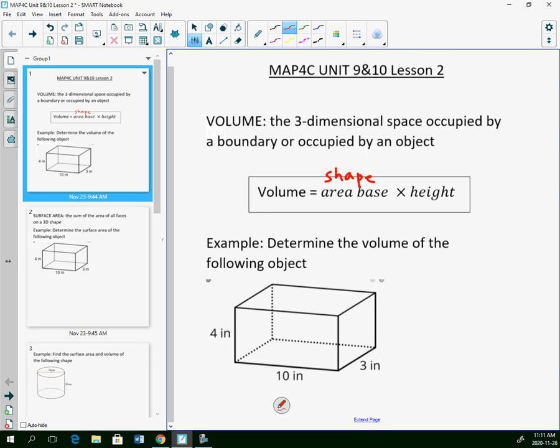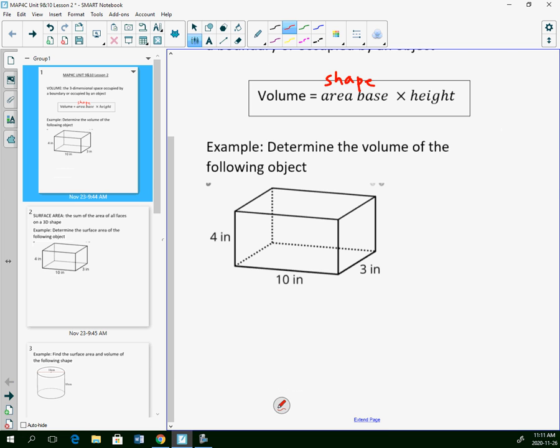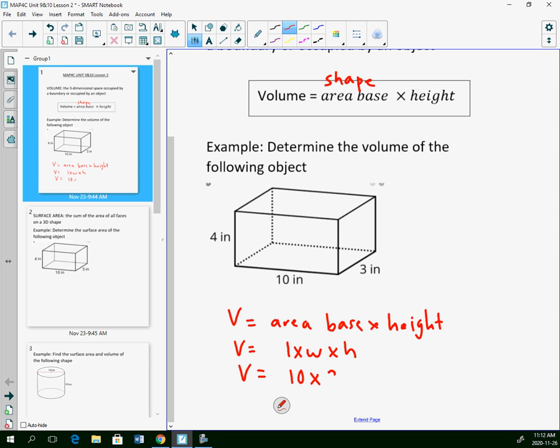So for example, if we have a simple rectangular prism and we want to find the volume, the volume would be the area of the base times the height. And the area of this base is a rectangle, so length times width and then times the height. And then we just substitute in the dimensions.